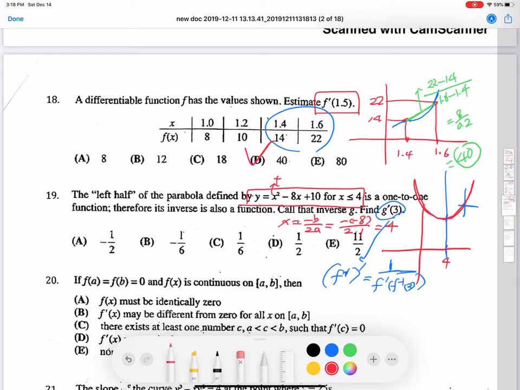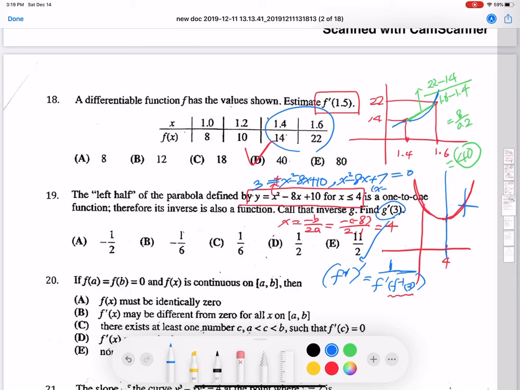Okay? How can you find f inverse of 3? Inverse function is x and y switched, right? To find f inverse of 3, plug in 3 for y and find the x value. So plug in 3 for y. 3 equals x squared minus 8x plus 10. So x squared minus 8x plus 7 equals 0.